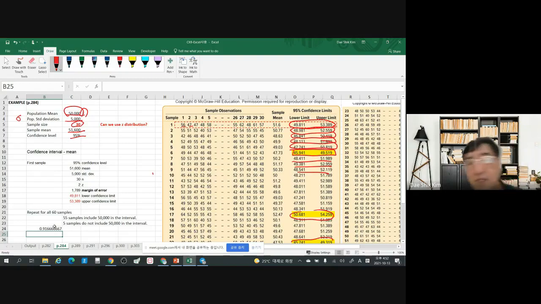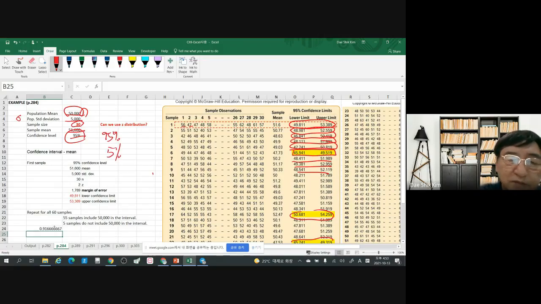So what it means, even though we estimated a 95% interval, I said 95% yes, 5% no. But we have tested it and got 91.67% here, 8.33% outside.